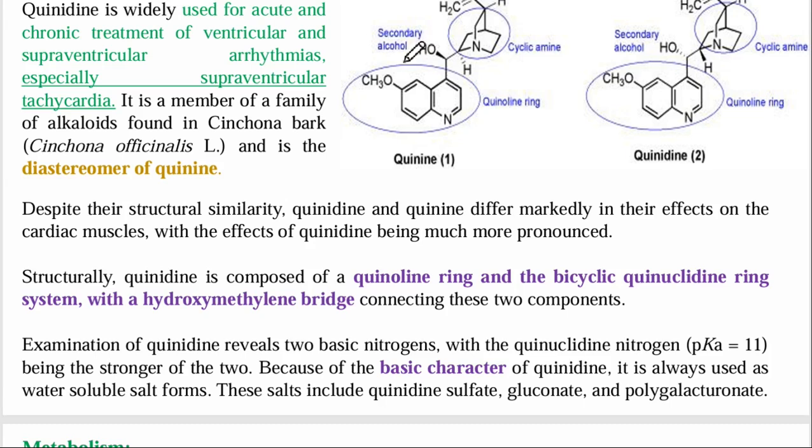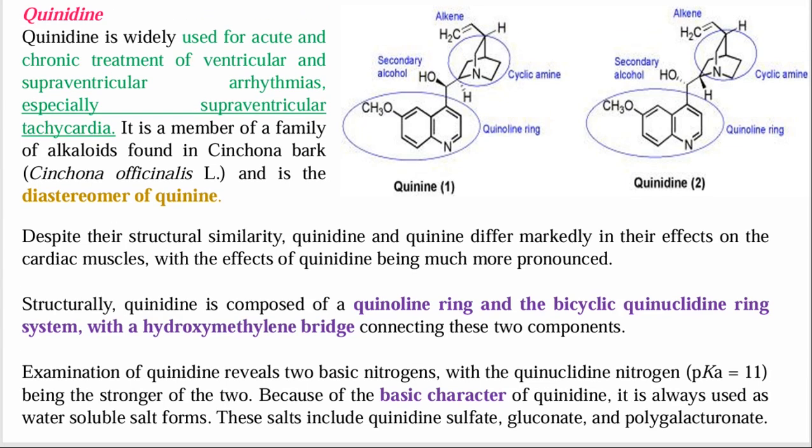So this is the structure of quinine, which consists of a quinoline ring, a cyclic amine, an alkene, and a secondary alcohol. I'll just show the structure properly. Yeah, so this is the proper structure of quinidine, which has a quinoline ring, cyclic amine, secondary alcohol, and an alkene present.